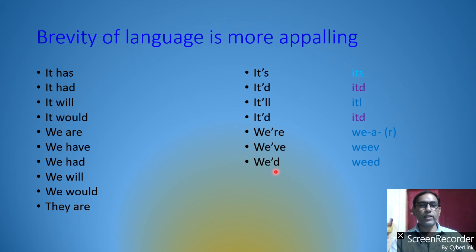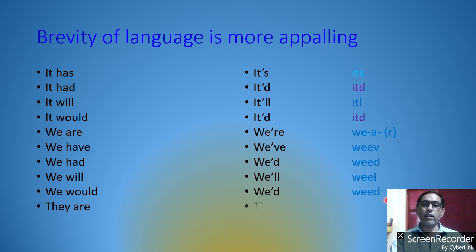Next, we apostrophe d. We had, actually the short form of we had is we apostrophe d. It is pronounced as we'd. Next, we apostrophe ll, we will, we have to pronounce it as we'll. Next, we would is pronounced as we apostrophe d, again pronounced as we'd.